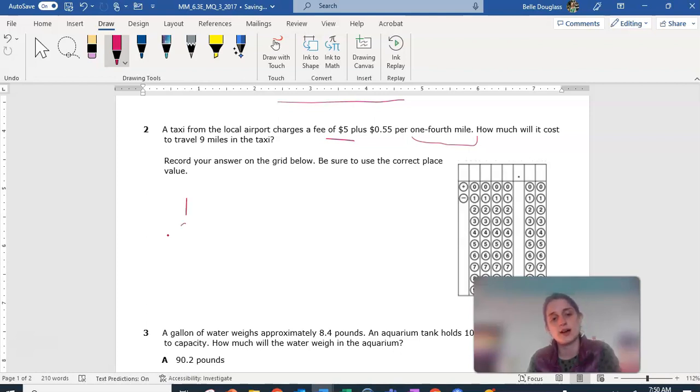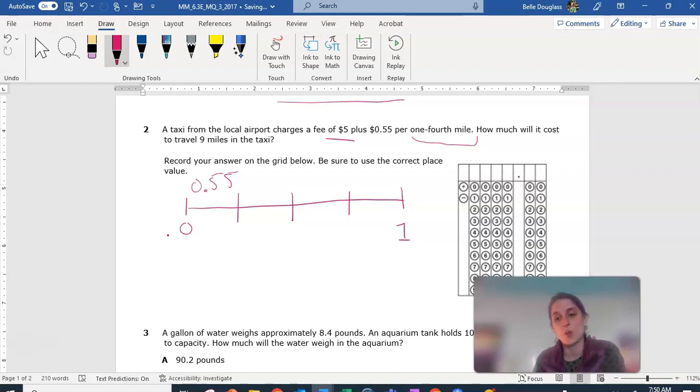If this is 1 mile, from 0 to 1 mile, and 1/4 of it costs 55 cents, your first job should be to figure out how much does 1 mile cost? If this is 55 cents, if this is another 55 cents, and another one, and another one, how much is 1 mile? So you can add them, or you can say 55 cents times 4.